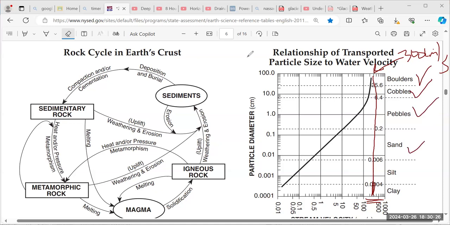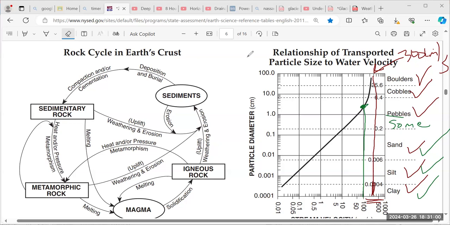The black line is not even being touched. Now, when I go to 100 centimeters per second, I can still carry clay, silt, sand, and some pebbles.